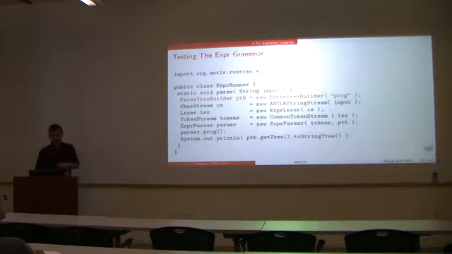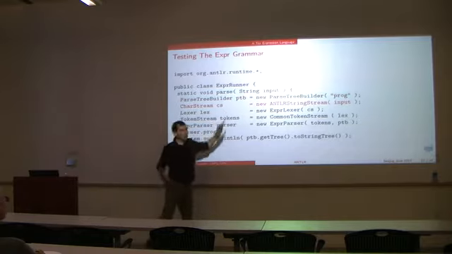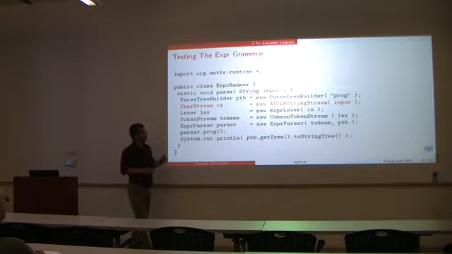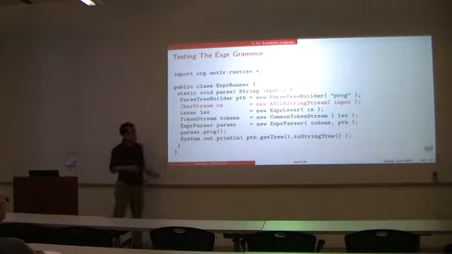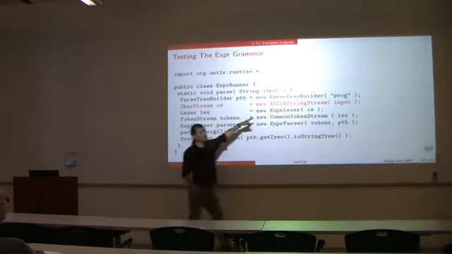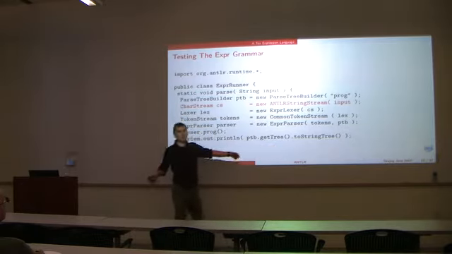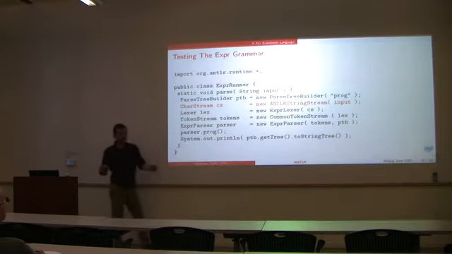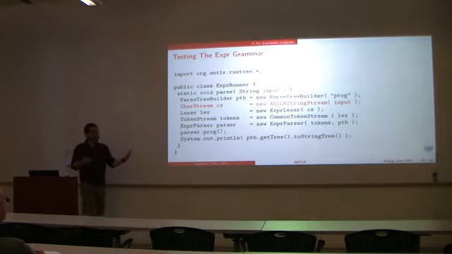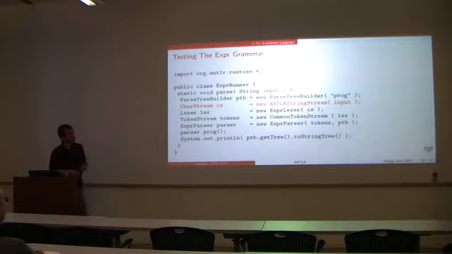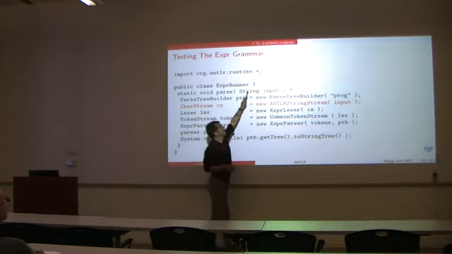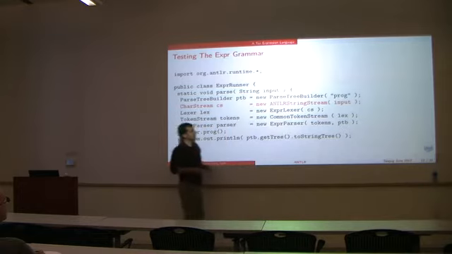The next line is, as you can imagine, I've got some string like program on the input, and I need to feed that to Antlr. So the first thing to build is what's called the character stream, and this can be a string stream or a file stream or some other Antlr way of getting the text into your program. In this case, I'm just reading from the string, so this string matches this string here.